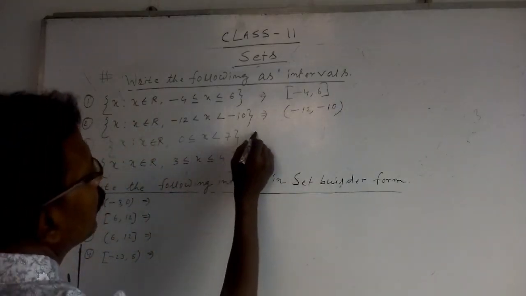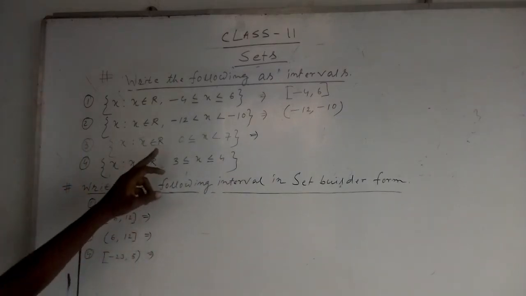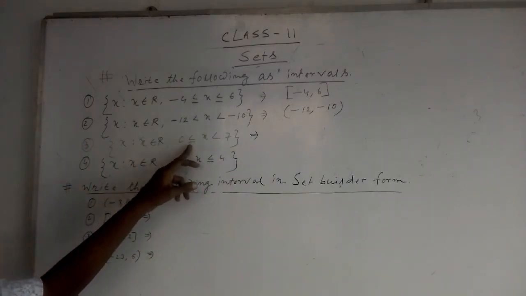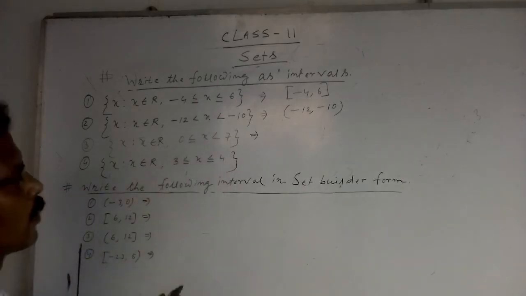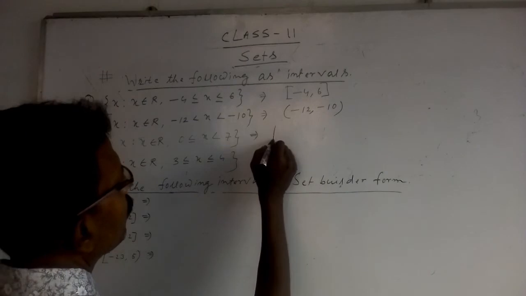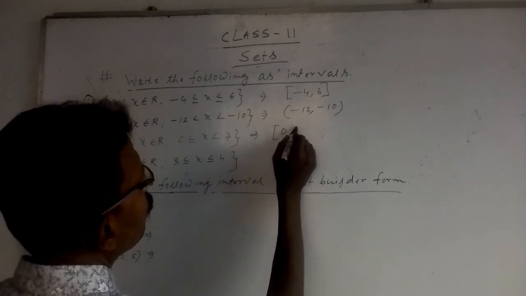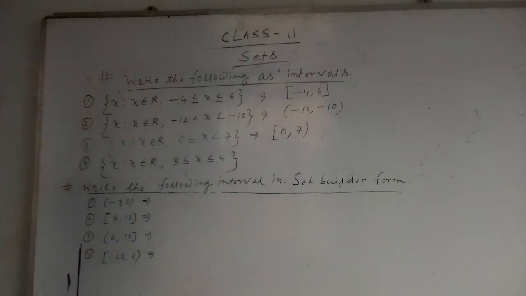Okay. Now the third one, it is closed from the left and open from the right. Closed means third bracket. Use third bracket. That is 0, 7.